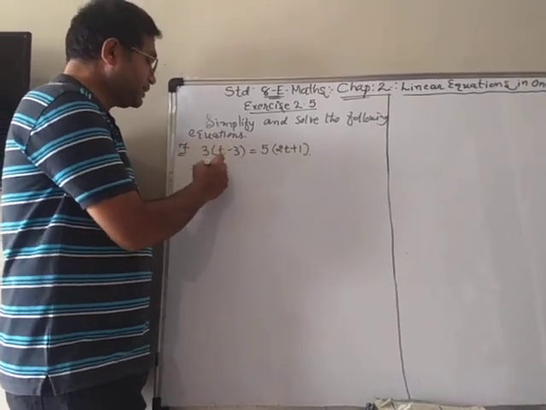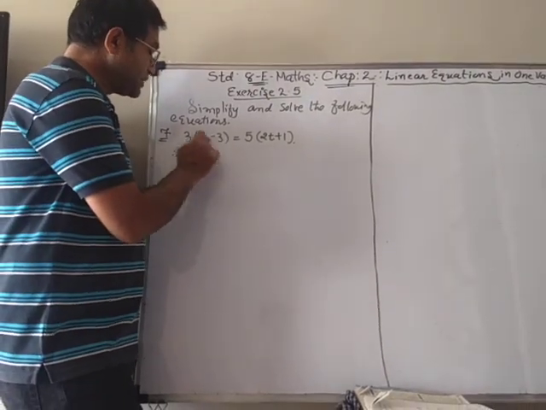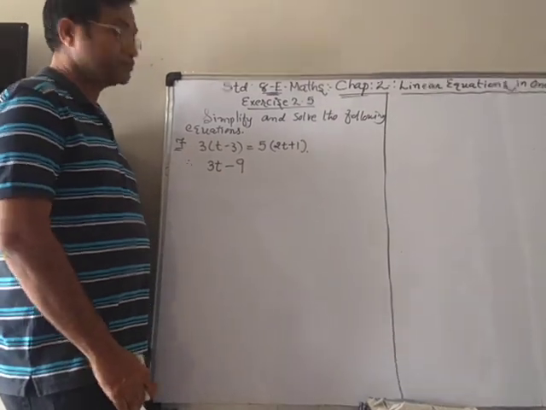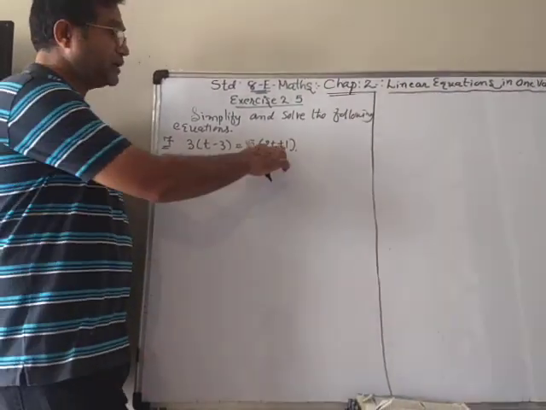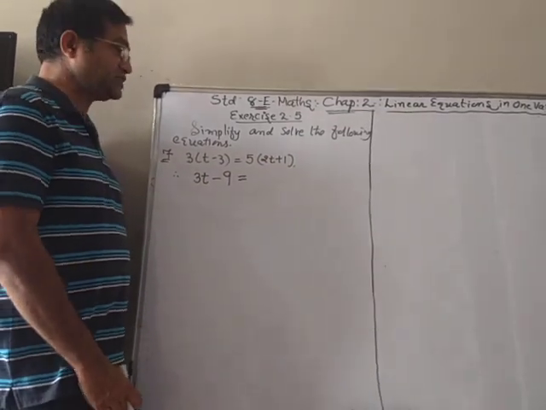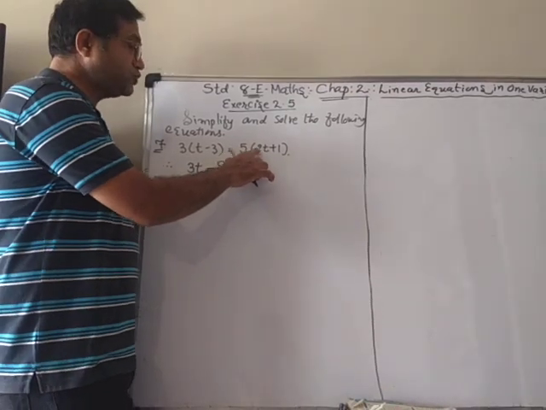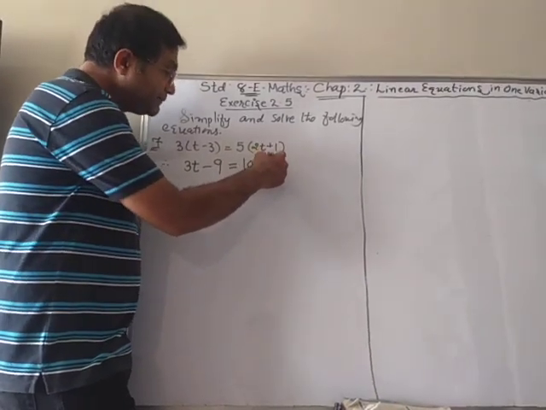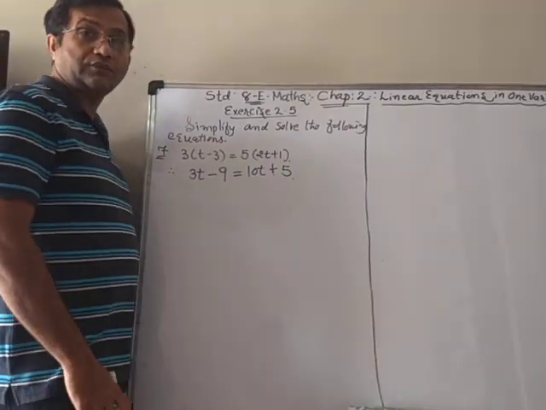So 3 multiplied by t will be 3t, minus 3 multiplied by 3 is 9, is equal to, now 5 also will be multiplied with both of the terms inside. 5 multiplied by 2t, so 5 2s are 10t, plus sign, 5 1s are 5.